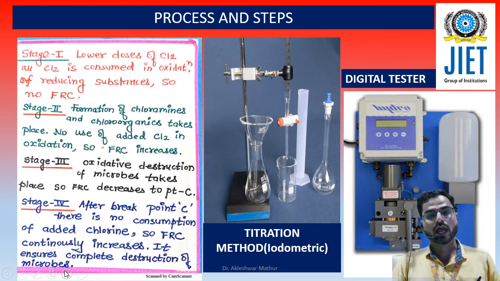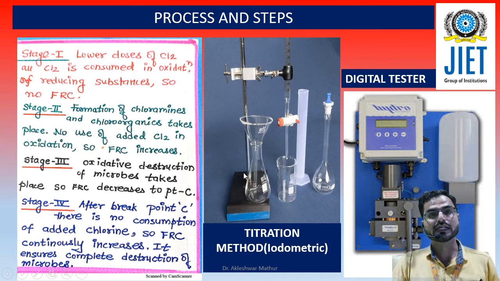Before it, I would like to introduce which types of methods are applied to calculate the amount of chlorine or the free residual chlorine present in the treated water. We can use the titration method, which is a type of redox iodometric titration, which you will perform in the laboratory session, or we can even plan some off-syllabus experiments based on the determination of free residual chlorine in different types of water samples or the treated water samples.